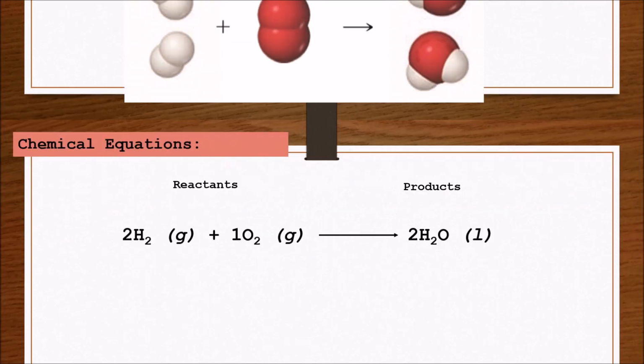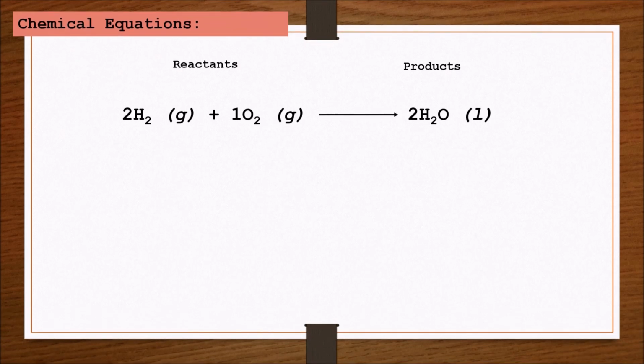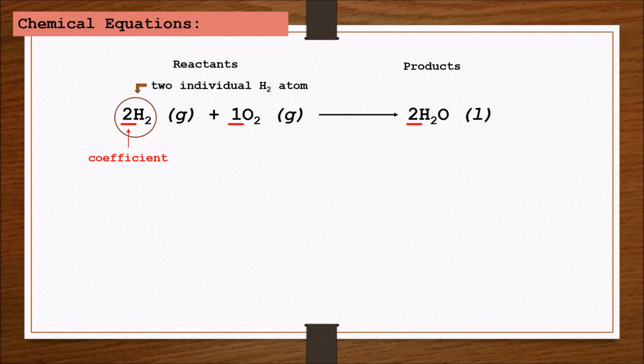To be more concise, as you can see, these numbers, which are called coefficients, indicate that there are two individual H2 molecules and one individual O2 molecule and two individual H2O molecules.